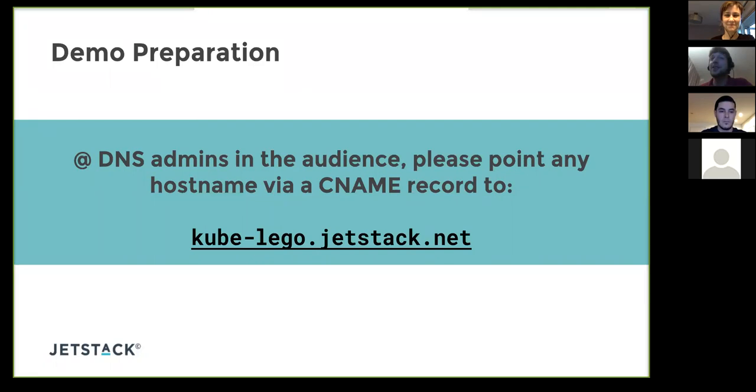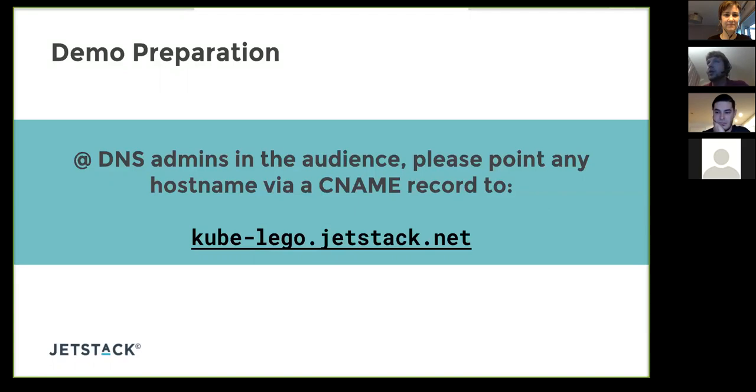I asked some in the audience if they could point their private subdomain via a CNAME record to kube-lego.chatstack.net. If you could do that, it would be perfect, because that will show that the issuance of the certificates is really happening live.